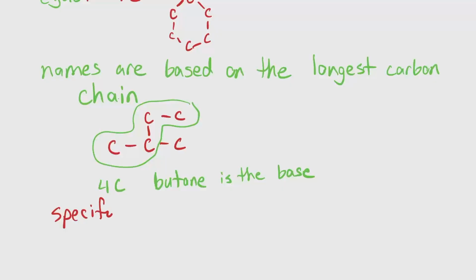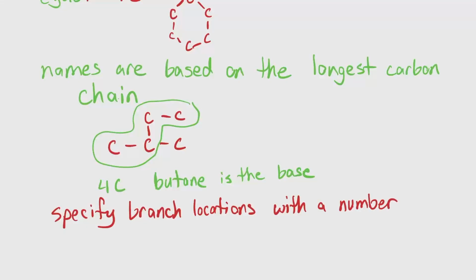So specify branch locations with a number. So we have to number our carbon chain. So we need to number these carbons, 1, 2, 3, and 4.